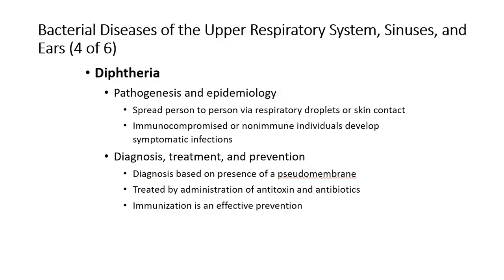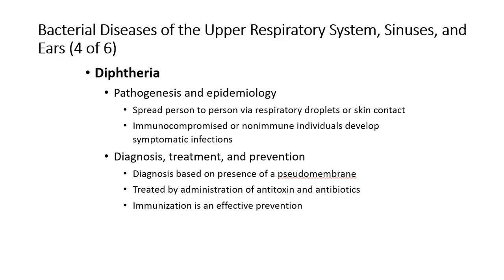Okay. This is spread person to person via respiratory droplets or skin contact, usually in immunocompromised patients, and the diagnosis is based on that pseudomembrane. And you can treat with an antitoxin, antibiotics, but the most effective thing is prevention using that lovely little vaccination.